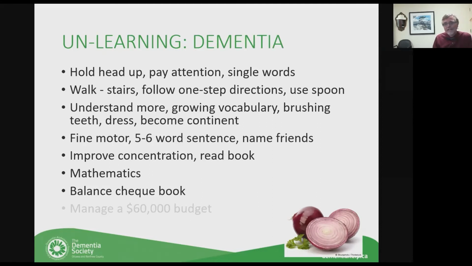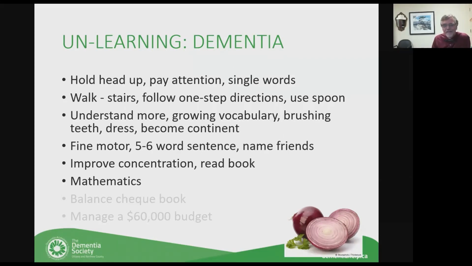Now, unfortunately, in dementia, it's the reverse. It's like the onion is starting to rot, if you like, and the first layer that goes is the outer layer. So the very first thing we'll lose is how to manage our $60,000 budget. Then over time, we even have difficulty balancing the checkbook. And as that progresses, eventually we have difficulty doing any kind of math.